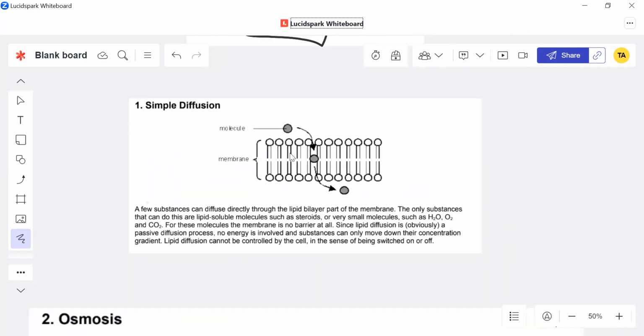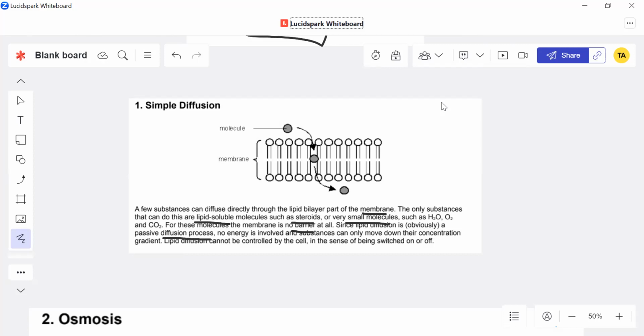A few substances can diffuse directly through the lipid bilayer of our membrane. The only substances that can do this are lipid-soluble molecules, such as steroids, or very small molecules, such as water, oxygen, and carbon dioxide.